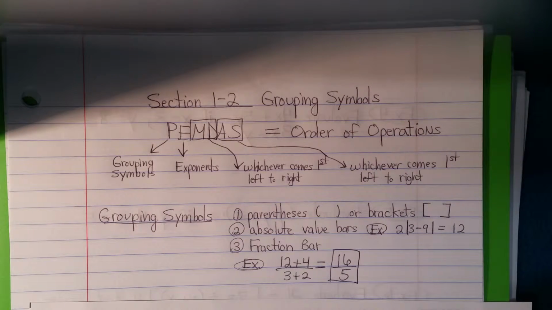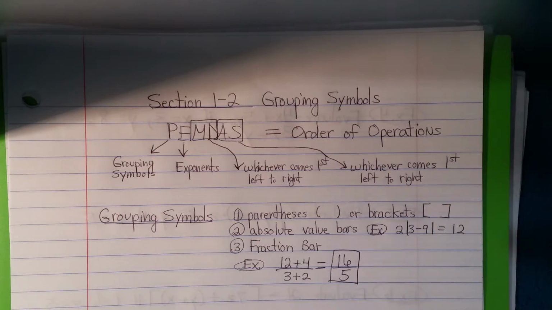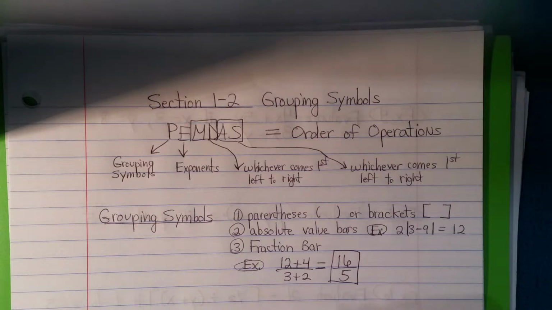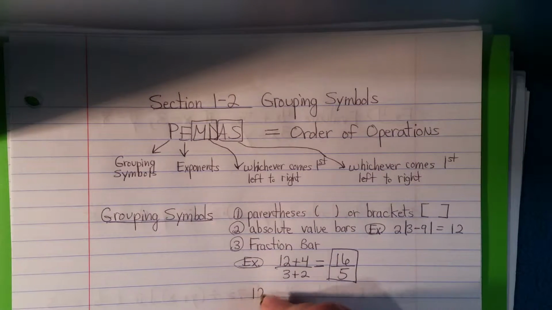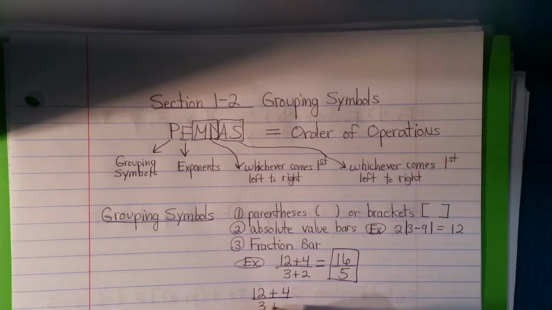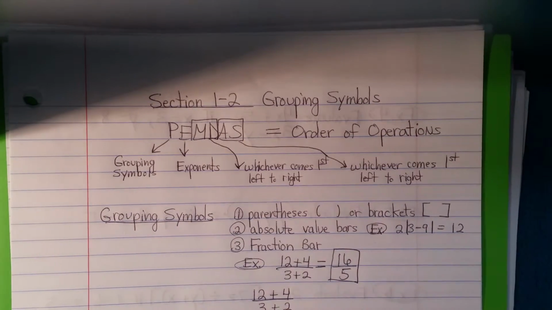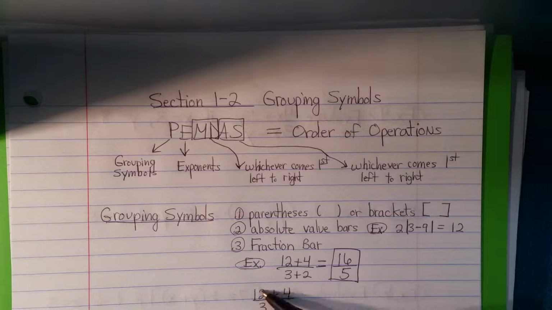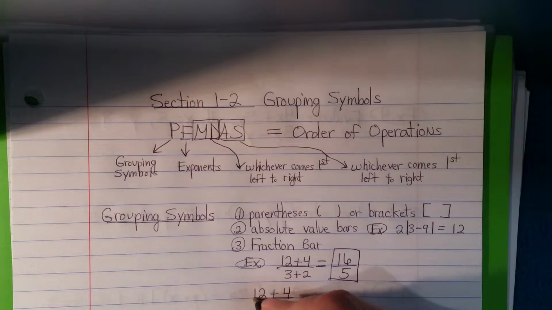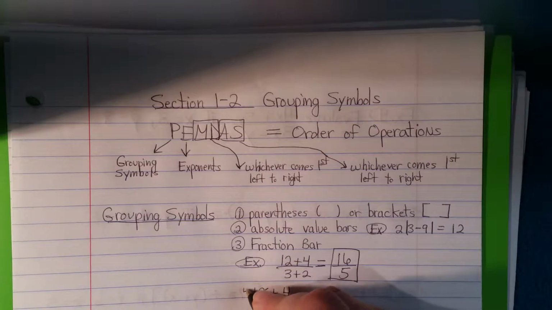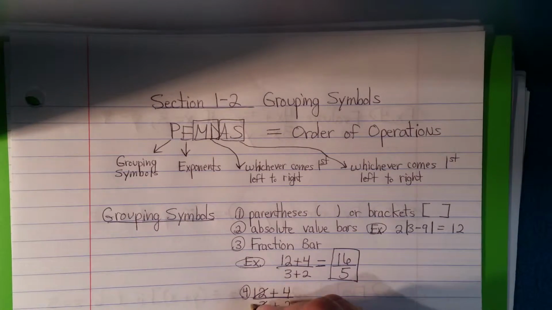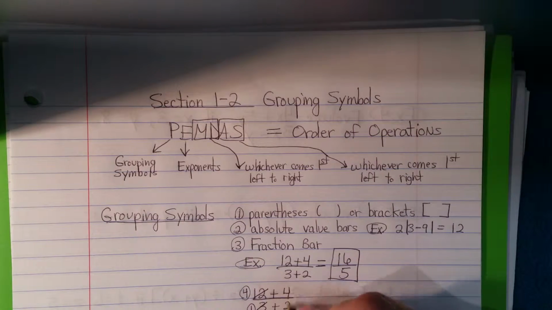That might seem kind of obvious, but sometimes what happens is, usually when there's variables involved, people want to do this. But I'll show you with numbers. Sometimes people will see the 12 and the 3, and they'll say, well, 12 is divisible by 3. So I can divide 12 by 3 to get 4, divide 3 by 3 to get 1, and then 4 and 2 are both divisible by 2.